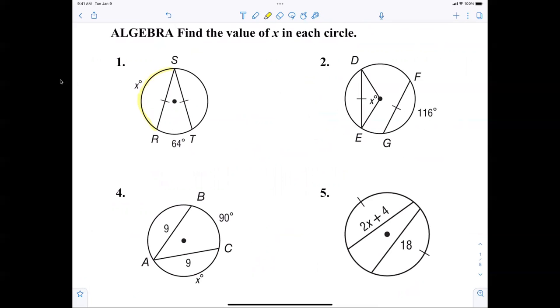Someone tell me the measure of that arc. Go ahead, don't be shy. 148. Of course. Why is it 148, Ben? 180 minus 64? Yes, exactly.